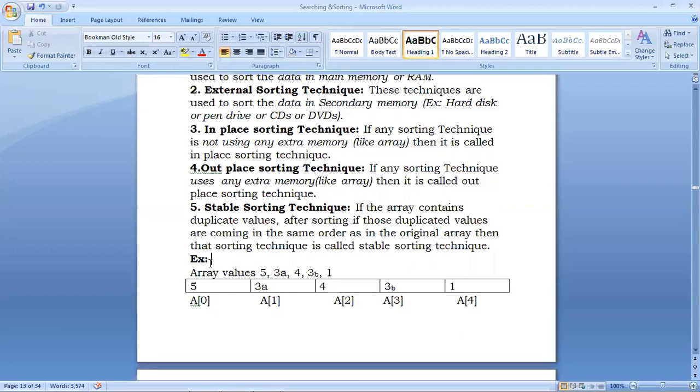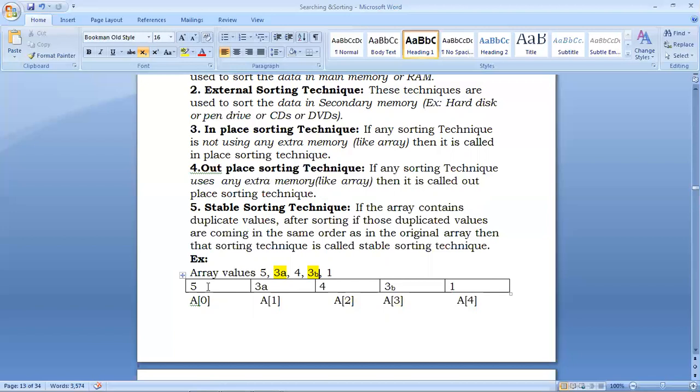See here, to understand the stable sorting technique, for example, the array values are 5, 3, 4, 3, 1. To differentiate these duplicate values, the first duplicate value is 3 and the second duplicate value is another 3. For our understanding, I have written 3a and 3b.